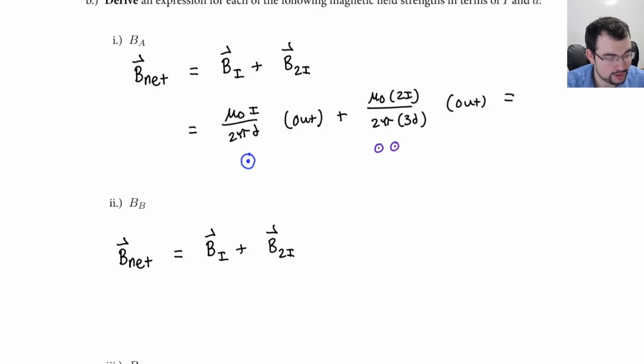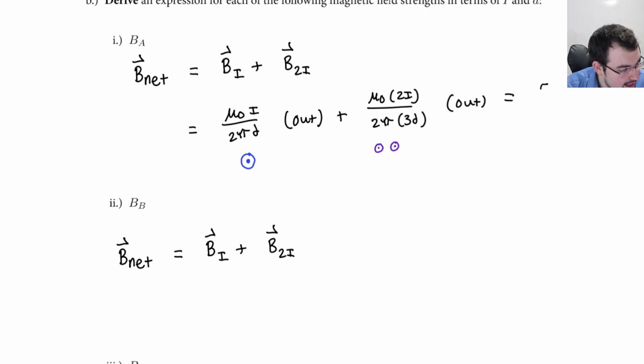So if we do that, we get 1/2 is like the number in front of the mu naught I over 2 pi D. So we get 1/2 here, and we get 1/3 here, and those add 1/2 and 1/3. So 1/2 is 3/6. 1/3 is 2/6.